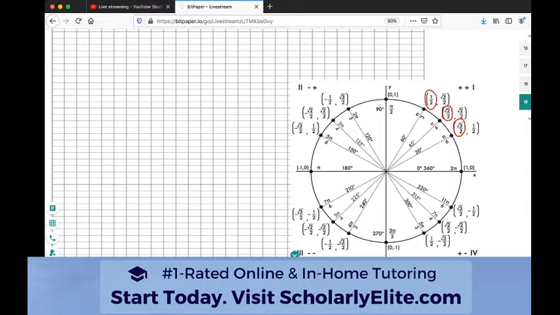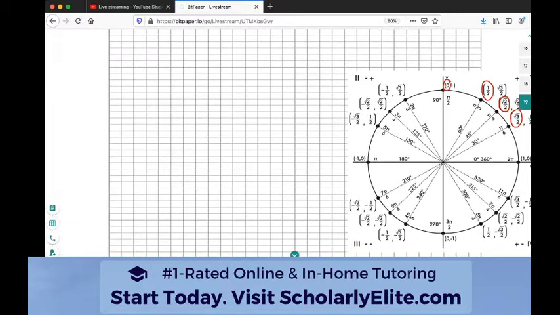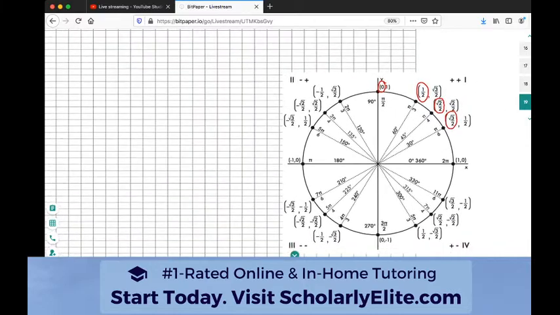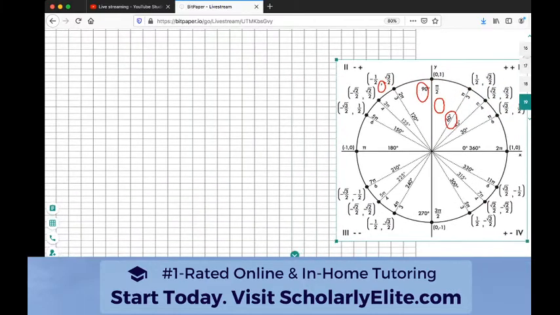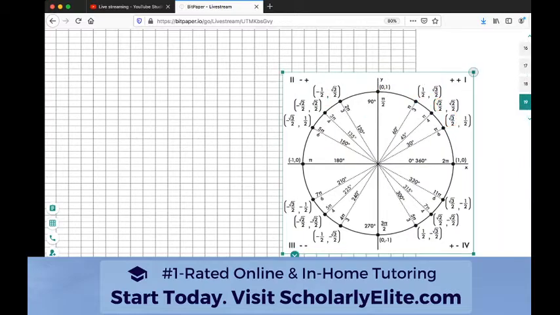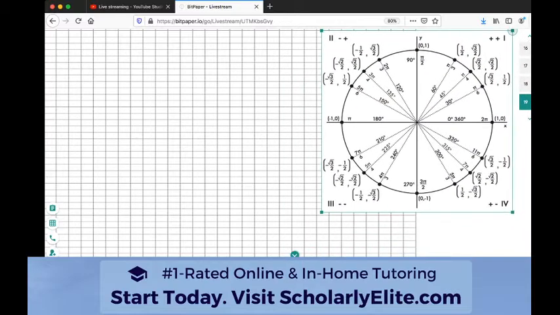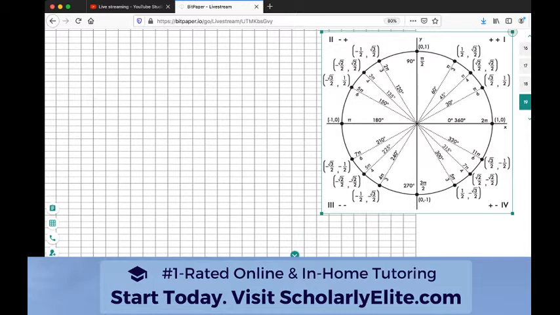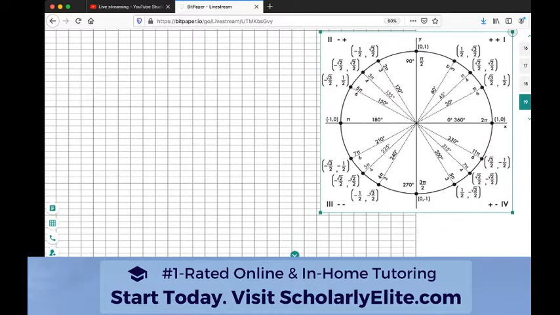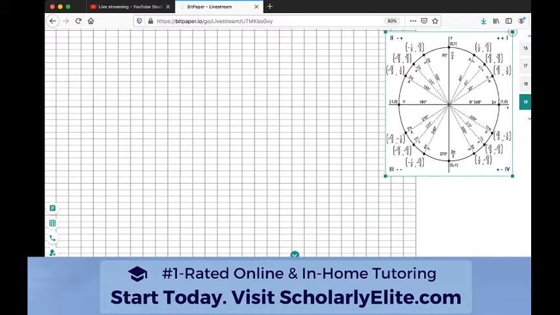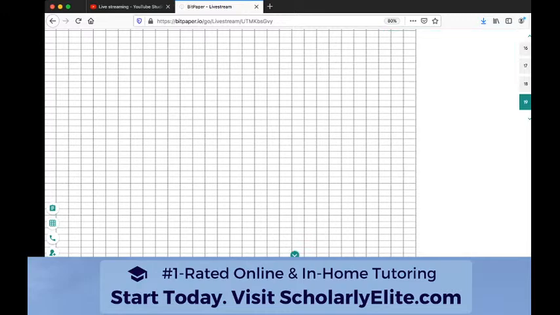At 90 degrees, cosine is 0. So what I've often recommended to my tutoring students in the past has been to connect these values to each other. The annoying thing is that I actually really only need the first quadrant, because the first quadrant tells us everything.